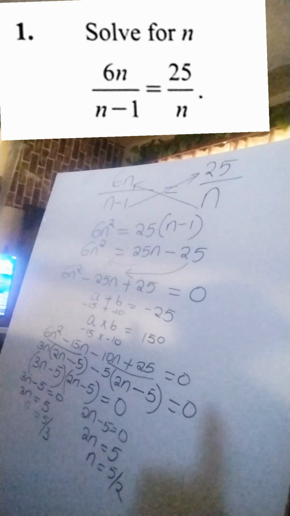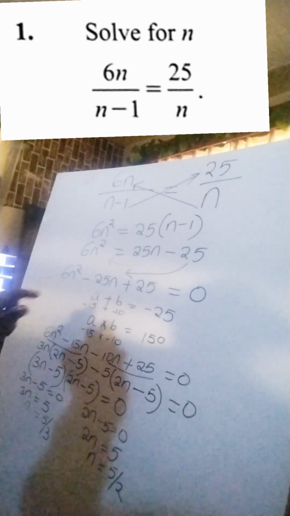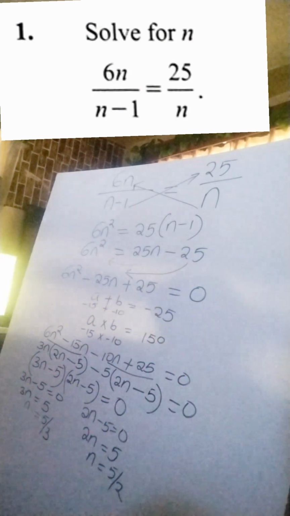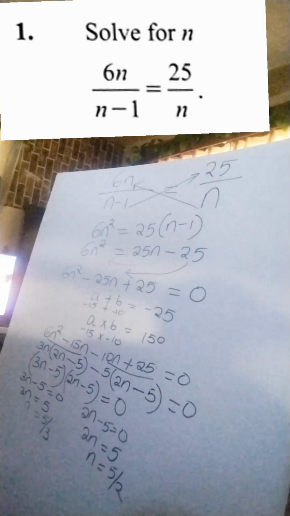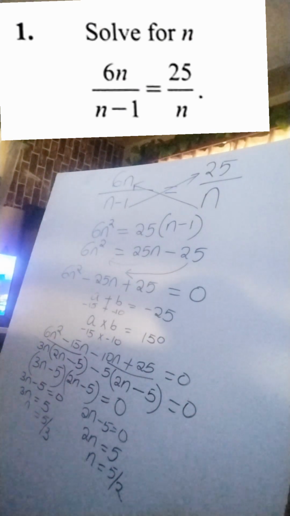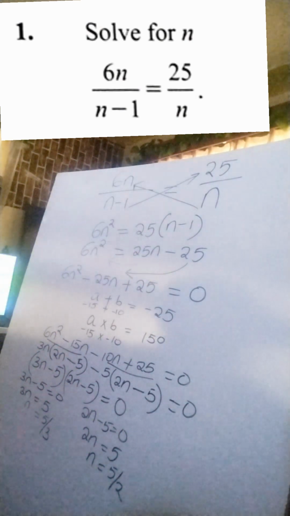For the factorizing method, you have to be very fast at thinking, at coming up with the two numbers which you are supposed to replace here. Otherwise, quadratic equation is a very common question in the KCSE, either directly or indirectly.